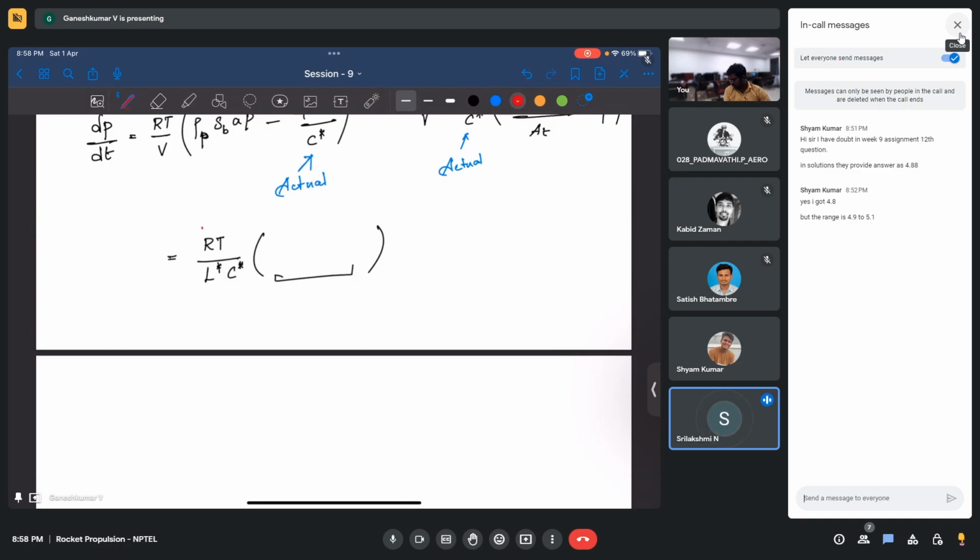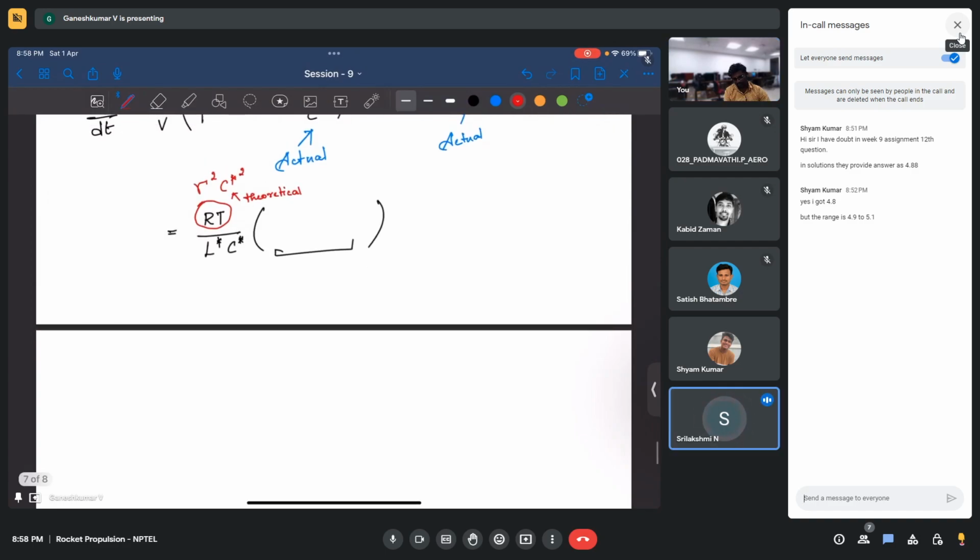Substituting the value of R as gamma square theta square, this becomes gamma square C star square. But this C star is again theoretical. You should be careful here, you cannot cancel numerator and denominator that way.